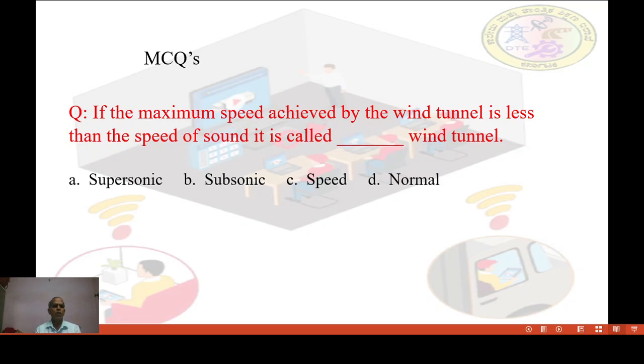Next, question number 2. If the maximum speed achieved by the wind tunnel is less than the speed of sound, it is called dash wind tunnel. The correct answer for this question: subsonic wind tunnel.